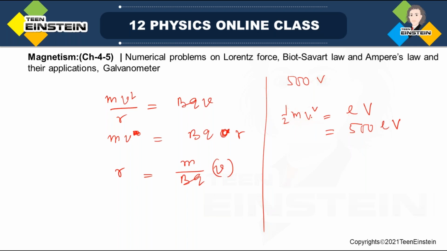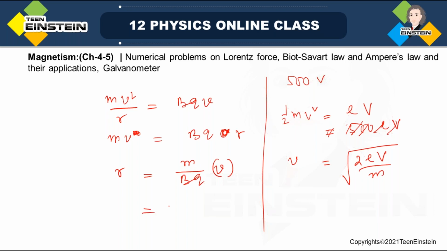So from here we can find the velocity. Let me be with the formula itself: 2eV by m, and square root of this.